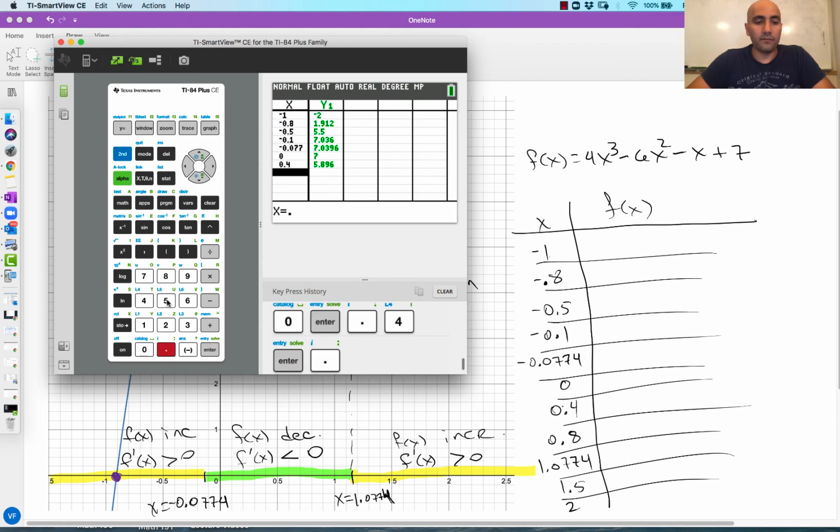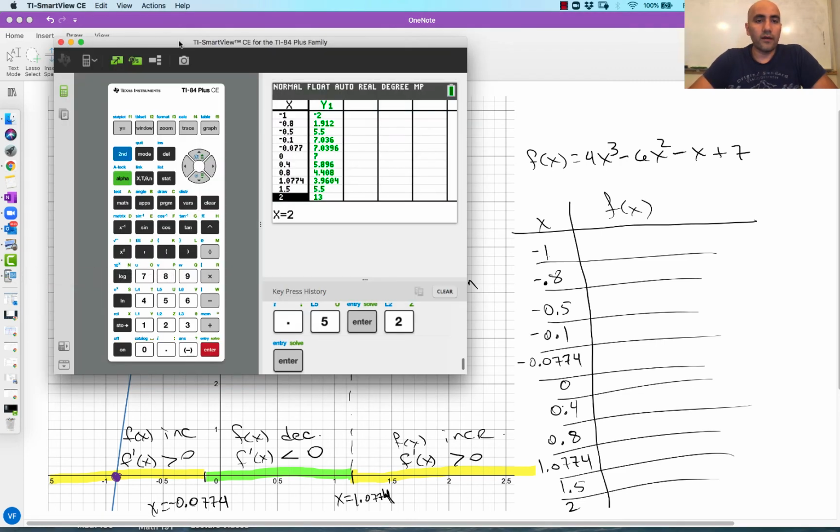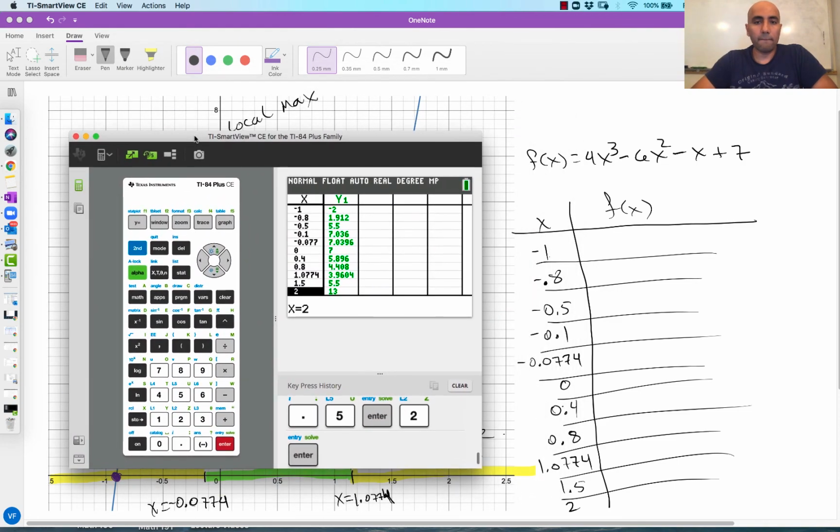And then 0.8. And then 1.0774. And then 1.5. And finally 2. Okay, so I hope you realize that a lot of these were chosen just kind of arbitrarily, just some values in each one of these zones, so that I can have some sense of what my function is doing for all those values. So I can fill out my table from here.